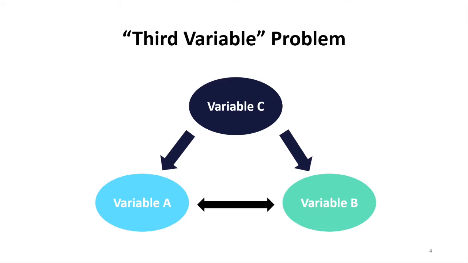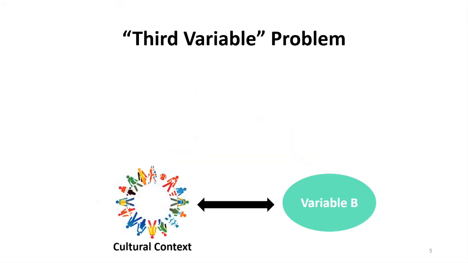So let's put this into an example, right? So the example that applies to us in cross-cultural psychology is often the variable we're looking at is a cultural context, whether it is a country or a region of people, or however we are defining culture here. We're looking at how culture is associated with some kind of difference, some kind of psychological outcome.